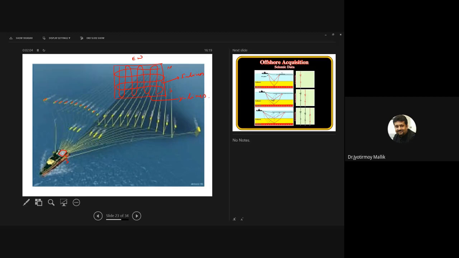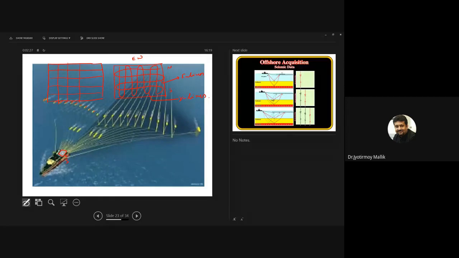So now I have data on these individual inlines and cross lines, right?